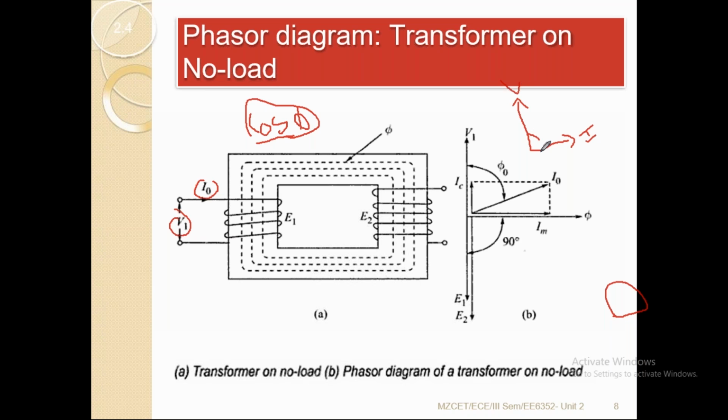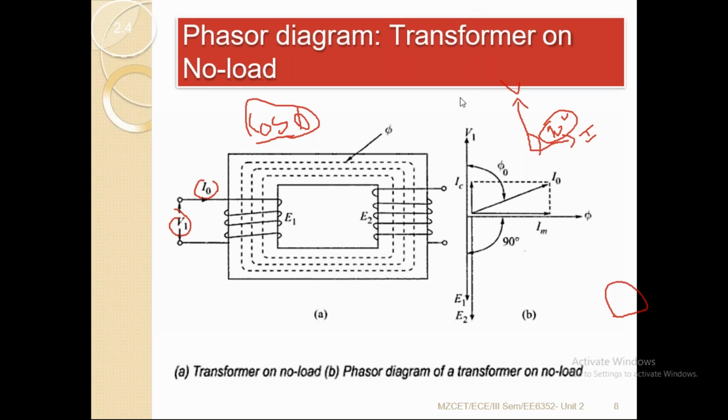The angle between the voltage and current is 90 degrees, and this is the reference of phase angle. So the power factor is the phase angle between voltage and current. Now the same thing we are going to establish here, when the transformer is on no load condition and when the transformer is on load condition. That is what we are going to discuss.